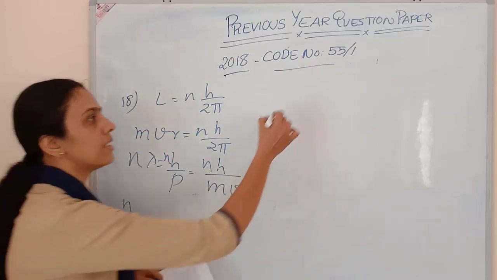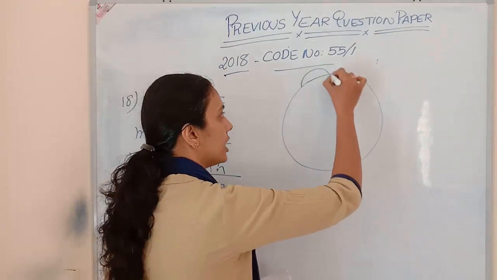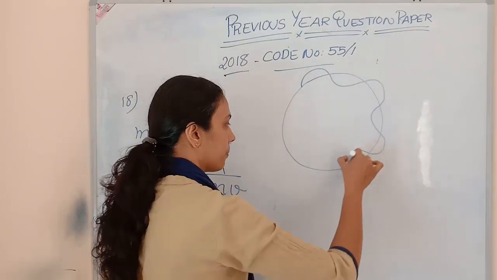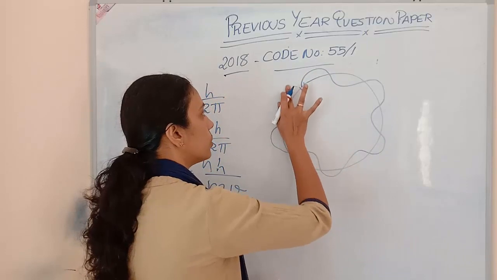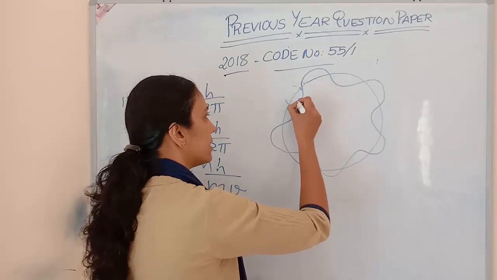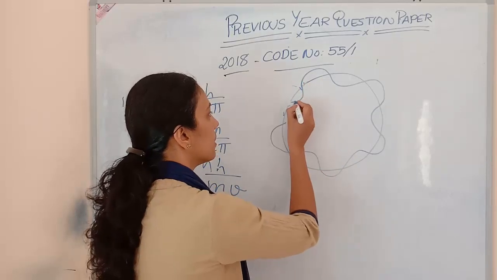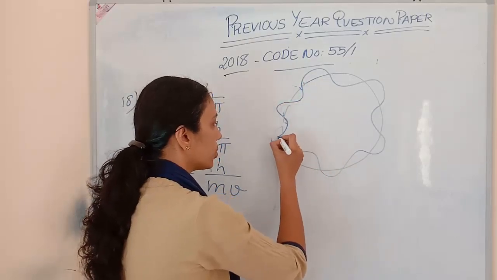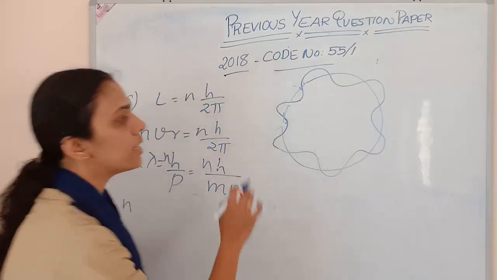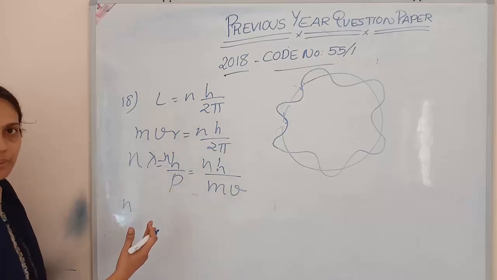See, if the electron is revolving in the circular orbit, it will be a complete wave. So it won't come like this, it will be completing the wave. While you are drawing, you should draw it correctly. Okay, so like this it will be a complete wave. N times the wavelength we will say.